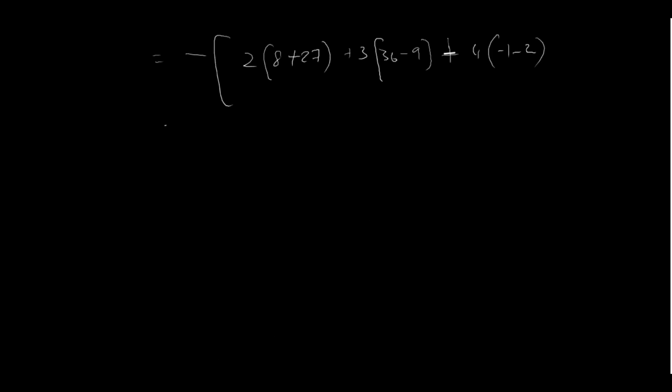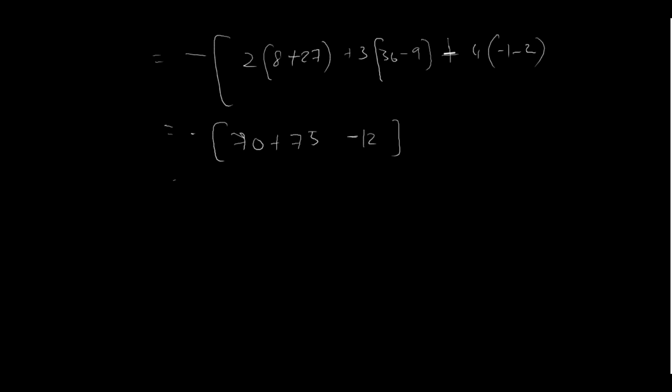Minus 2 into 27 plus 8 is 35, 35 into 2 is 70, plus 36 minus 9 is 25, so that will be 75, minus 12, right? So what is the value now?